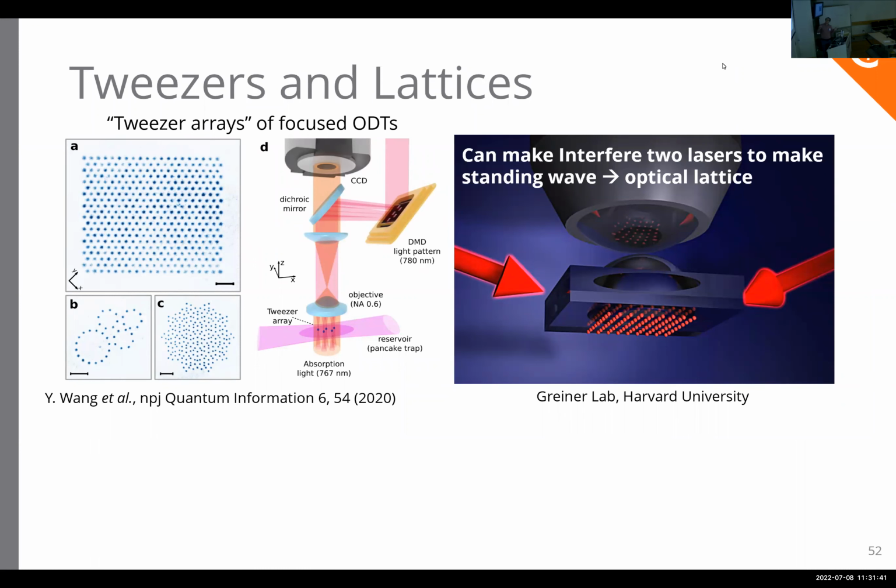And if you use fancy beam shaping, you can make funky patterns of individually trapped atoms in a vacuum. So you can control their geometry, you can move them around, you can cool them to the ground state of the trap, so you can fully write down the complete internal and external wave function of every one of these things with complete control.